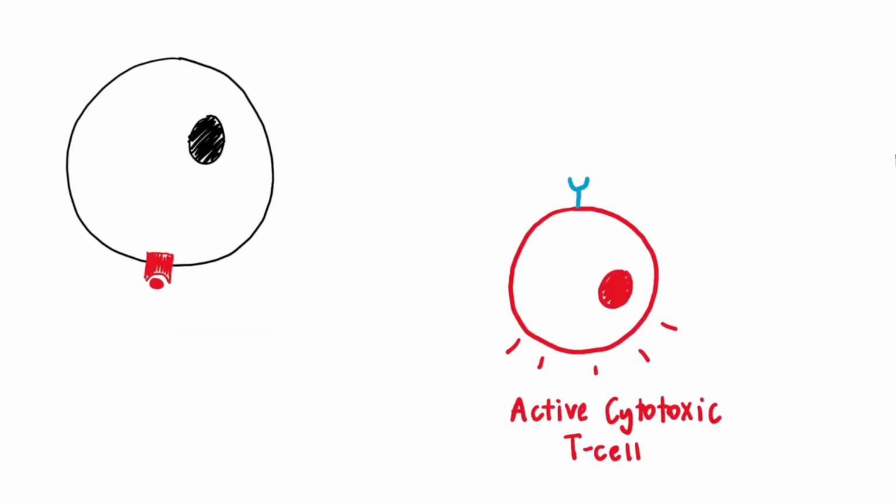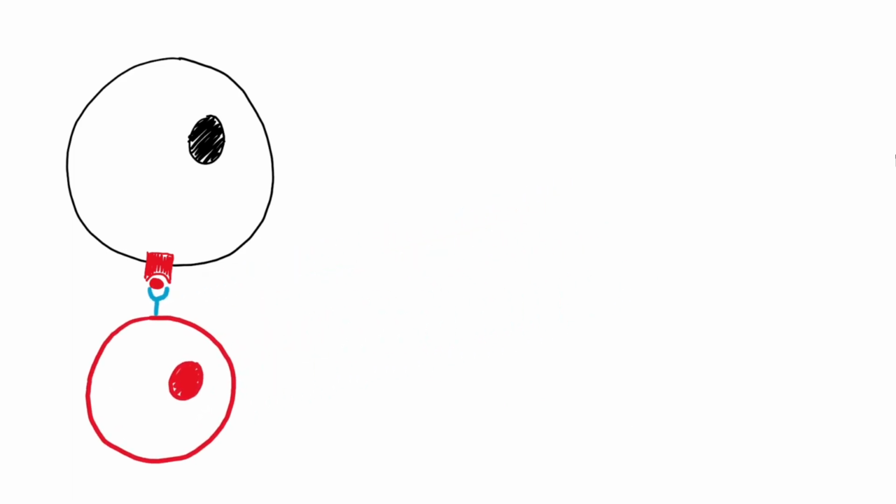Meanwhile, an active cytotoxic T cell will be patrolling the blood, looking for any cells that have irregularities in their MHC class I. When it finds one, like this body cell that's been infected with the virus that it's looking for, it will bind to the antigen that is in the MHC class I using its T cell receptor, following which it will strengthen the binding with CD8.